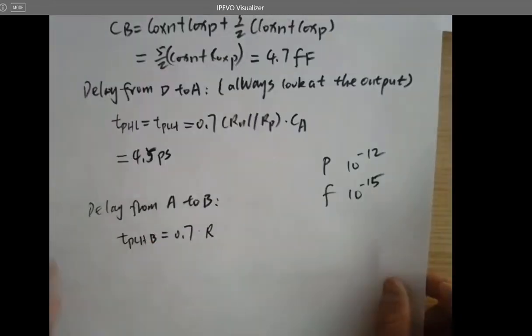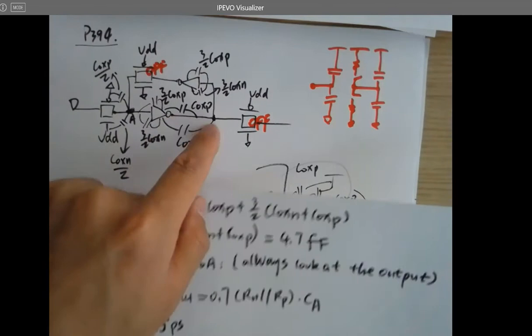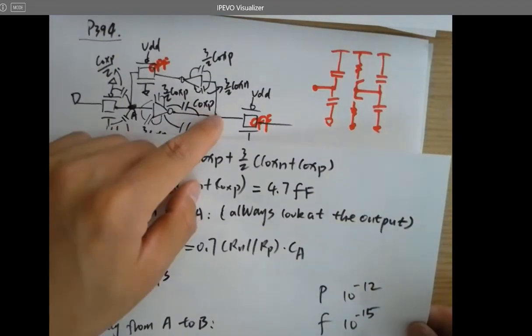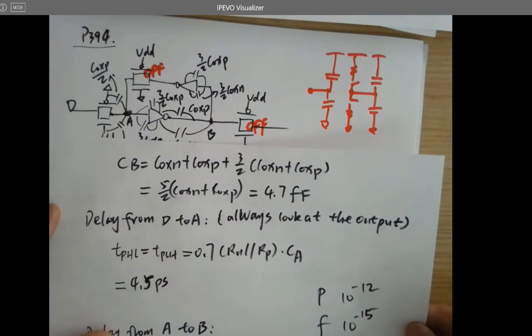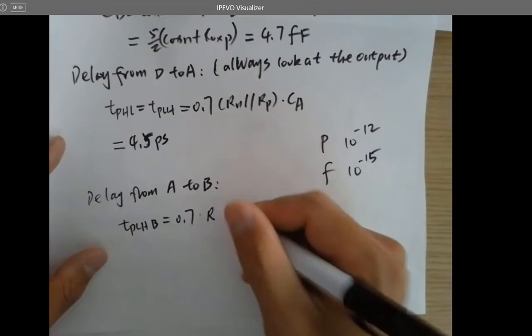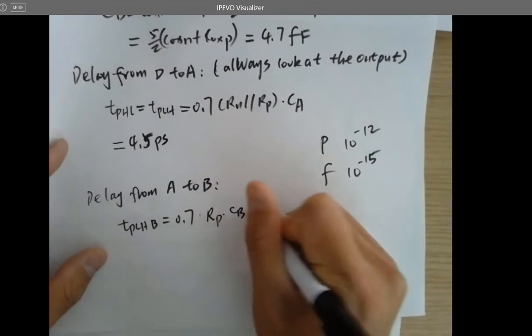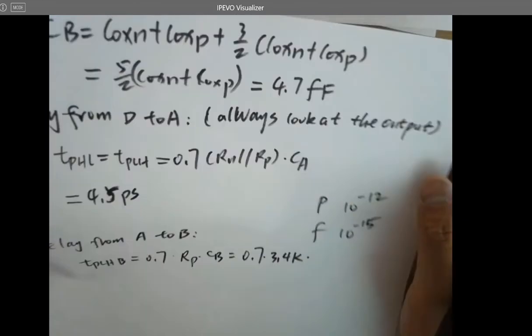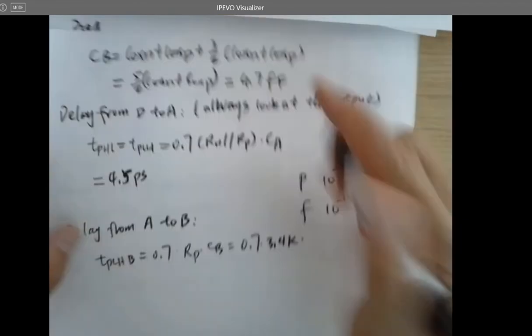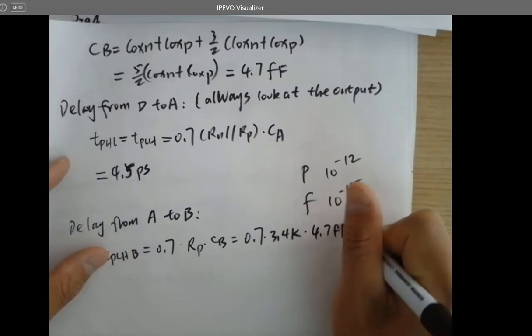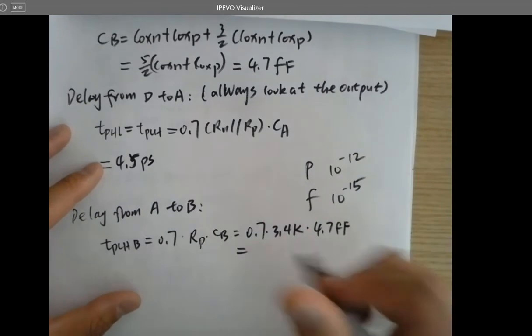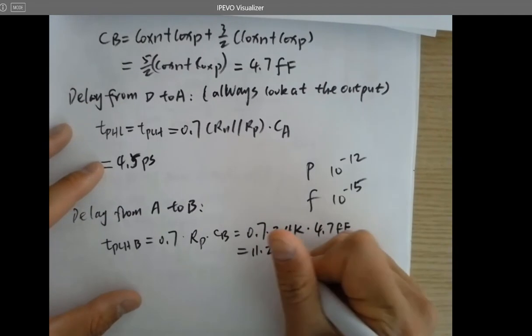So here from A to B, and we are doing LH, we should use Rp. Yep, Rp, which will be 0.7 times 0.4K times CB. So what is CB here? This one. Plugging into the calculation, it is 11.2 picoseconds.